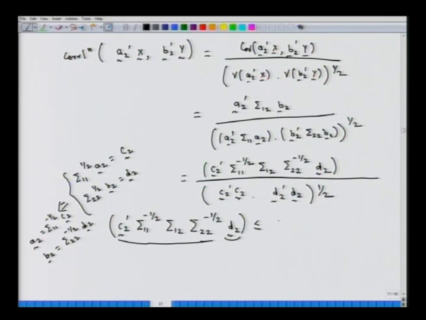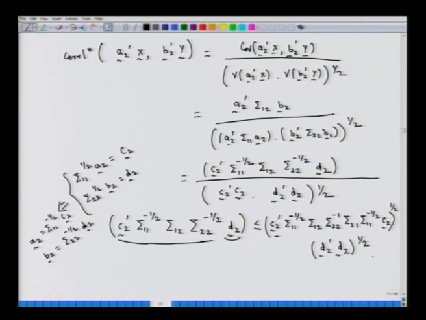So, it will be u prime u to the power half, that is C2 prime sigma 11 to the power minus half sigma 12 sigma 22 to the power minus half, augmented with sigma 22 to the power minus half, will give us sigma 22 to the power minus 1, and the transpose of sigma 12, which is sigma 21, sigma 11 to the power minus half times C2, this raised to the power half, and that multiplied by D2 prime D2, also raised to the power half, right.